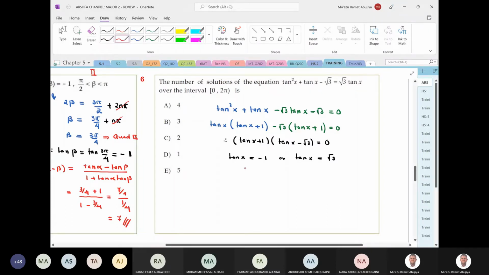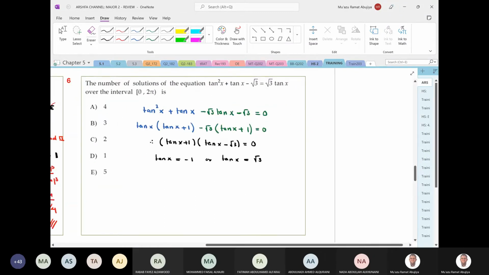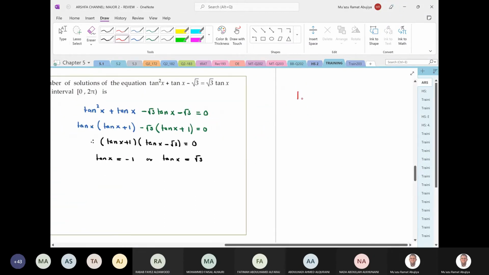Now, this is interesting. Tangent is negative. In this question, I have to tell you something. You see, we know that when we talk about the tangent, we always have to be very careful. Tangent is equal to sine x over cosine of x. So in this question, we need to have a note. Note here that cosine of x cannot, of course, equal 0.